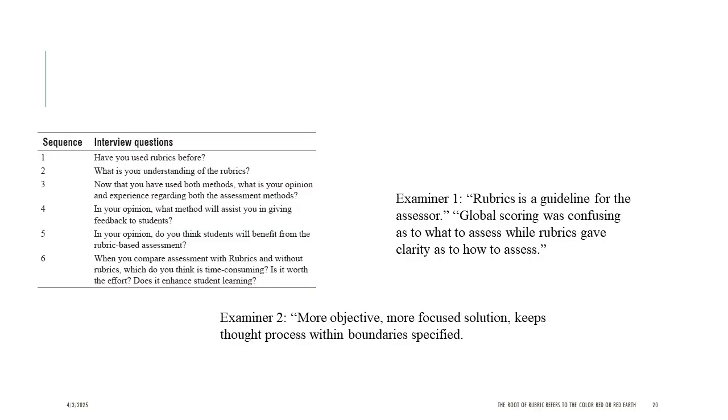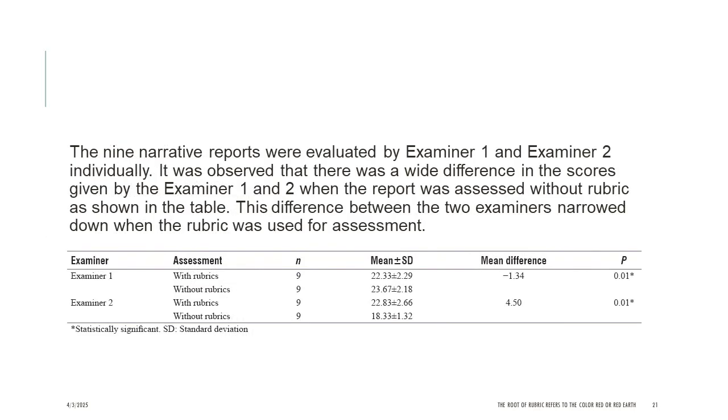Global scoring was confusing as to what to assess, while rubrics gave clarity on how to assess. Examiner two said it's a more objective, more focused solution, and keeps the thought process within the boundaries specified. So both examiners came to a conclusion in favor of rubrics for the process of education.